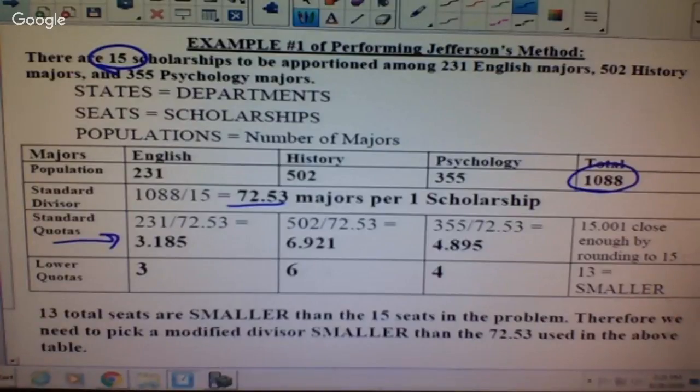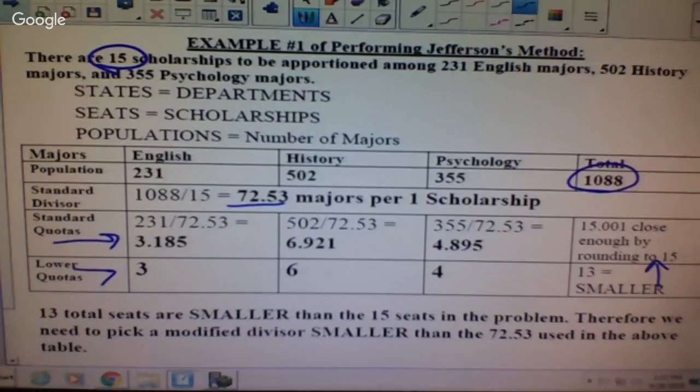Then they gave you your lower quotas, just like you would with Hamilton's method. That didn't change. When you totaled it up, it became 13. So I needed to actually reach 15. So this number needs to get bigger.